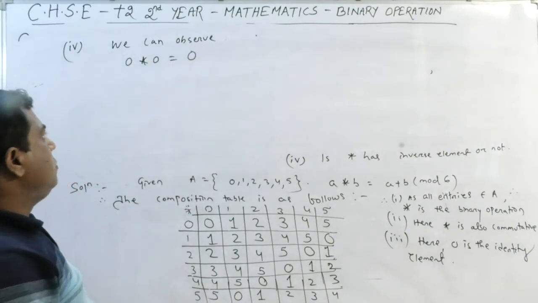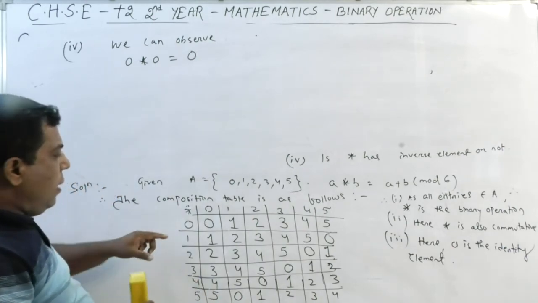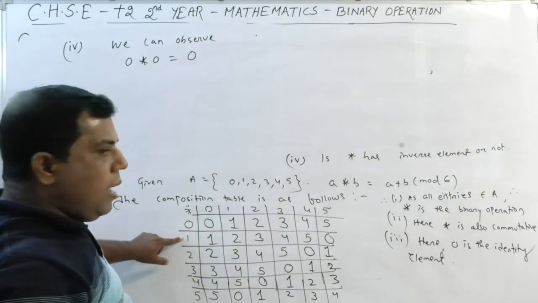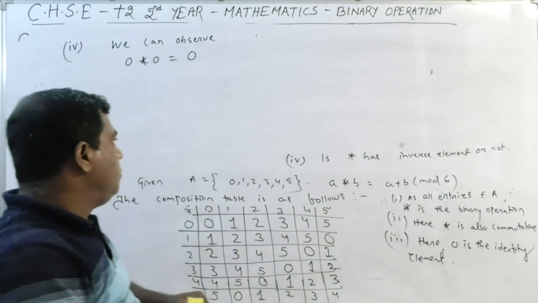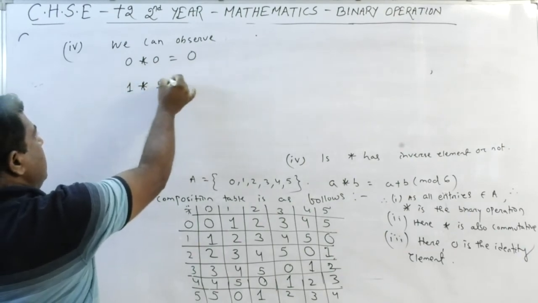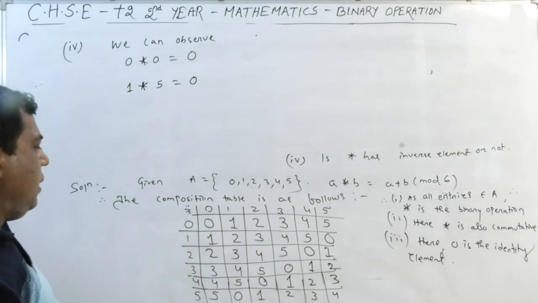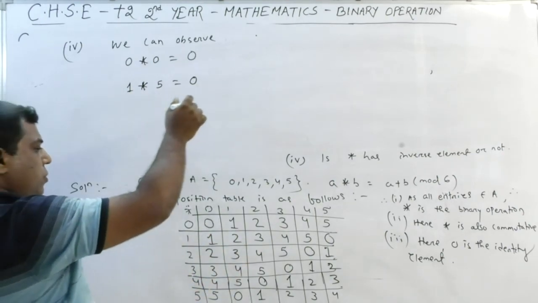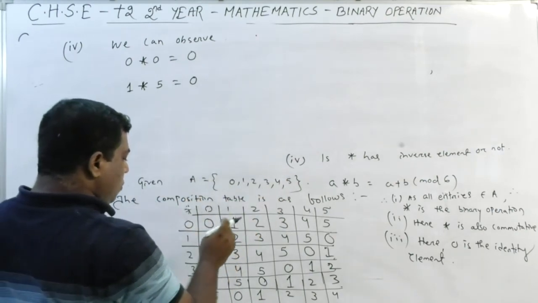Yes or no? We can observe now for 1: 1 operated with 5 is equal to 0. So again we can write similarly 1 operated with 5 is equal to 0. And 0 is the identity here, which is also equal to 5 operated with 1. Yes or no?